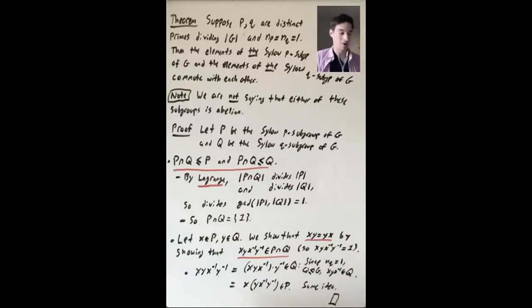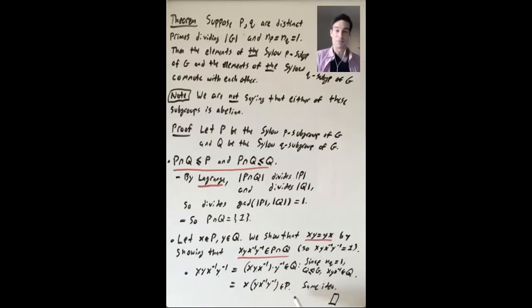OK, so why is that product also in P? We have a different way to group the product of these 4 terms. We can write it as x times yx inverse y inverse. So this is the conjugate of the element x inverse by the element y. And it's the same idea exactly.